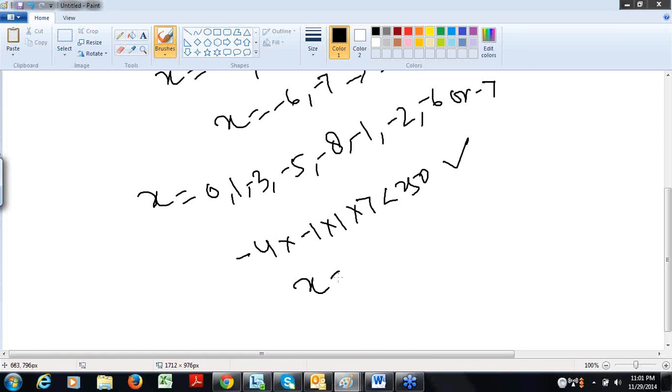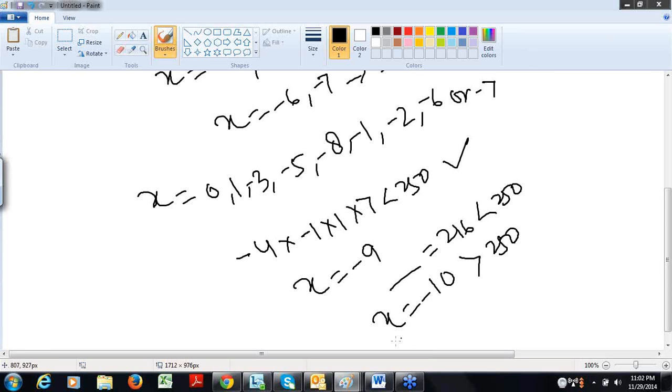And x is equal to minus 9, similarly, if you work it out, the product will be 216, which is less than 250. As you go to minus 10, it will be greater than 250, so it will not hold good.